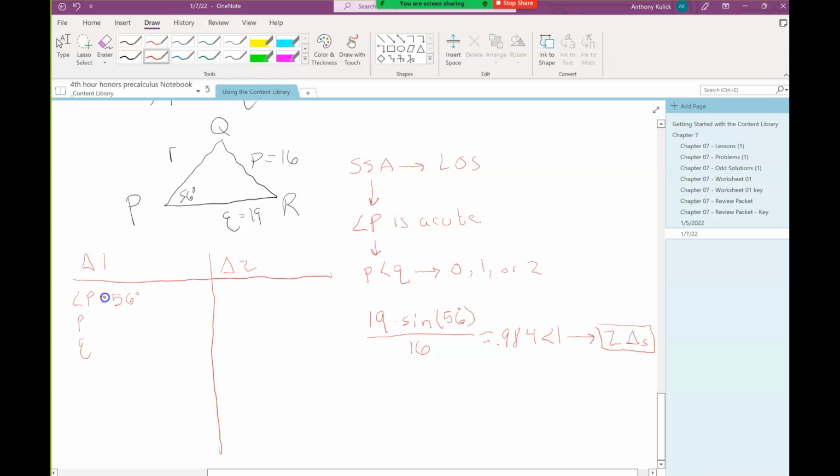So I'm going to make a space for the answers for triangle 1 and a space for my answers for triangle 2. Now, because I have two sets of answers for the unknown stuff, I'm going to use a subscript.